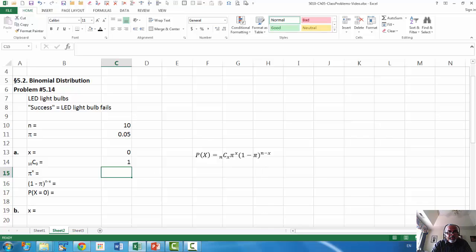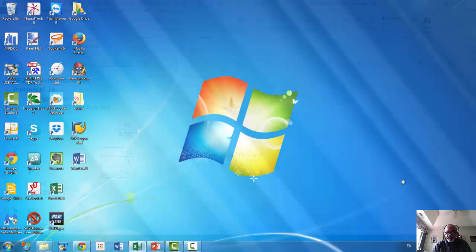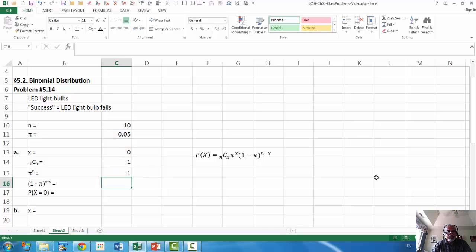Now pi to the power of X. Pi is here, and let's make that an absolute reference, to the power of X. Then we have 1 minus pi to the power of n minus X. So that is n minus X, and n here must be absolute referenced as well, and pi should be absolute referenced.